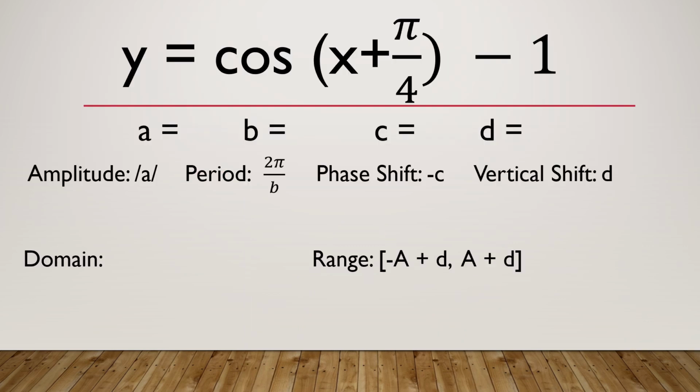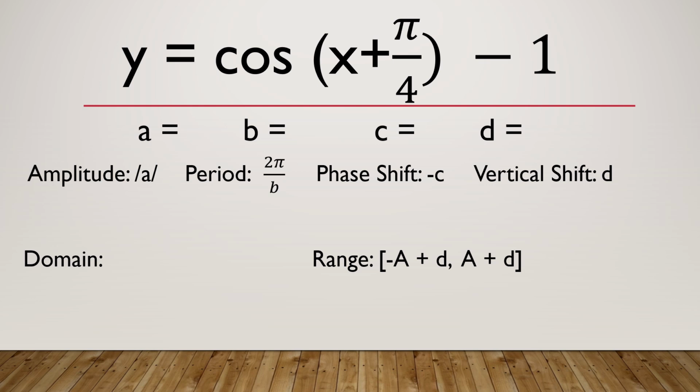Next, let's now discuss cosine. Again, let's check if it is in standard form. As you can see, this trigonometric function is in its standard form. So we're going to identify the values of A, B, C, and D. Again, how am I going to know if it is not in standard form?